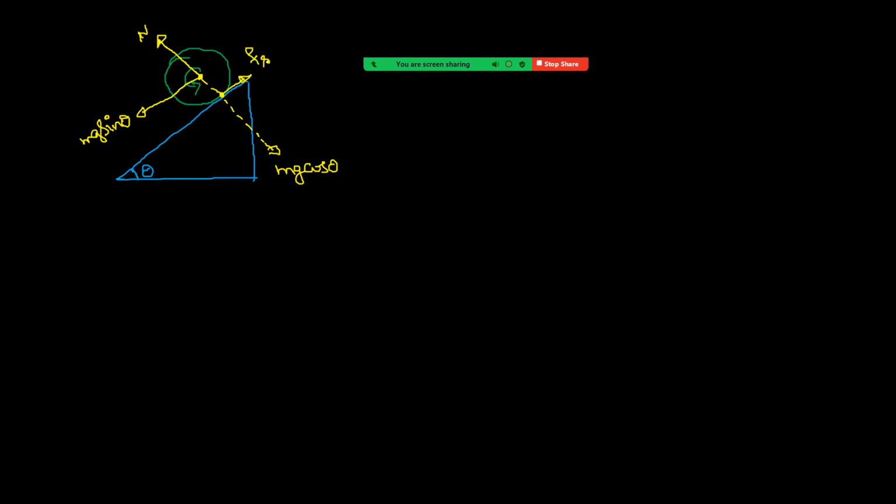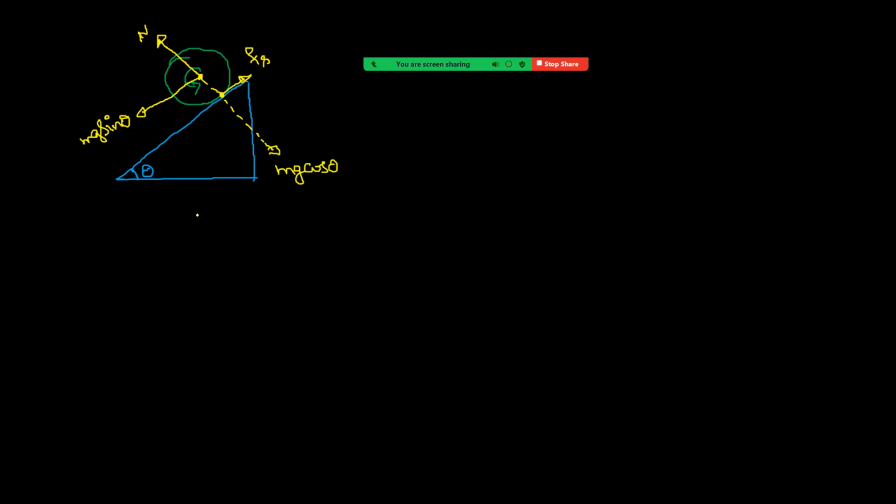Remember, this is static friction, because we have discussed in earlier lectures that whenever a body rolls without slipping, friction will be static. Friction is upwards because the torque is anti-clockwise.